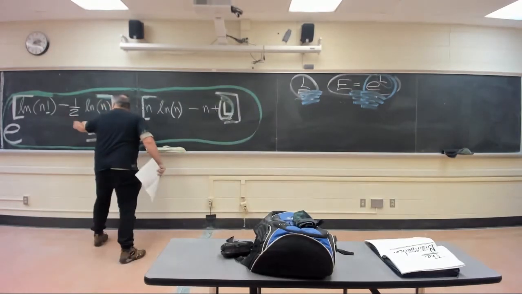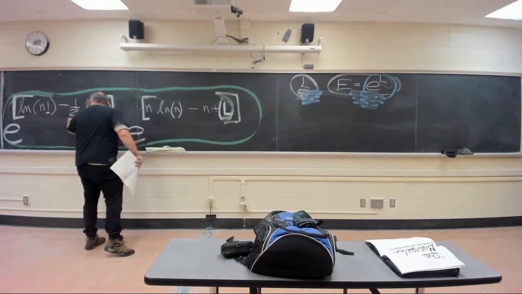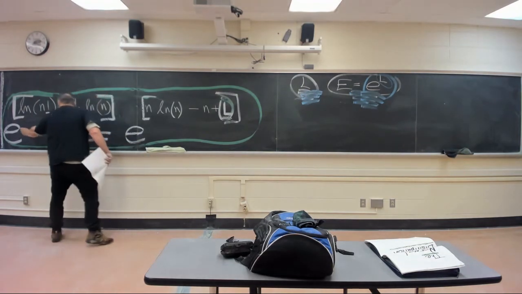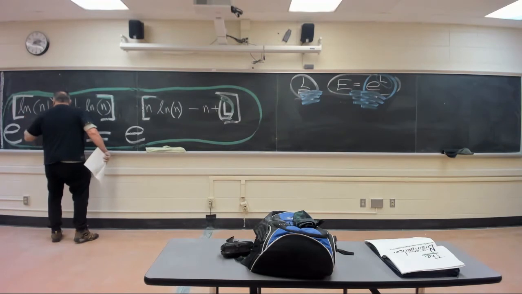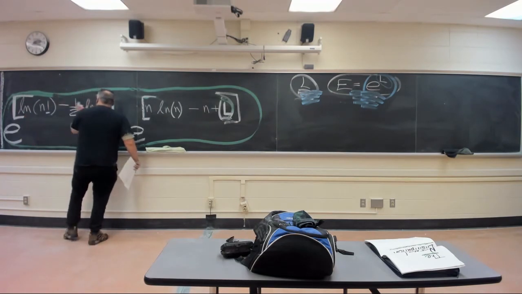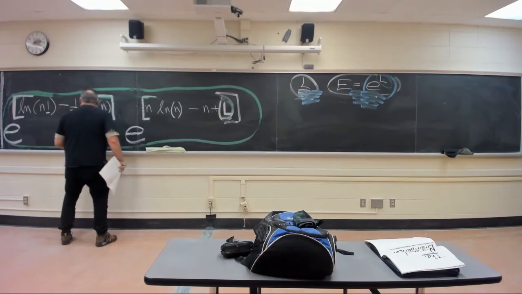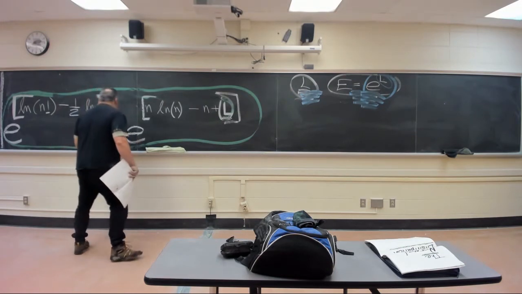Let's do the math that we know how to do. On the left-hand side, it's going to be e to all this times e to the negative of this. Okay, there's a lot that goes on there.